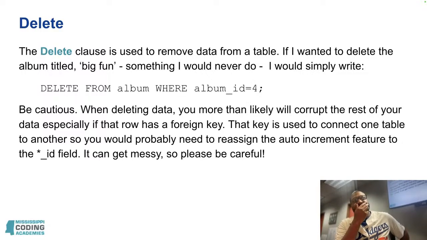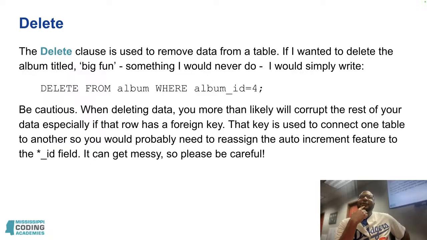Okay, so the delete clause is used to remove data from a table. So here's the D in CRUD, which is delete. If I wanted to delete the album title Big Fun, something I would never do because it is one of my favorites. It's so jamming, just funky music.